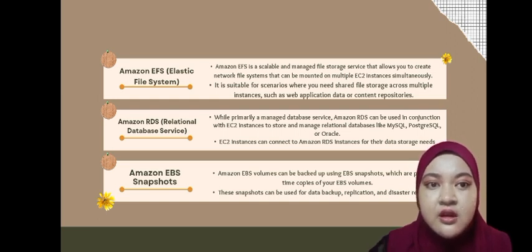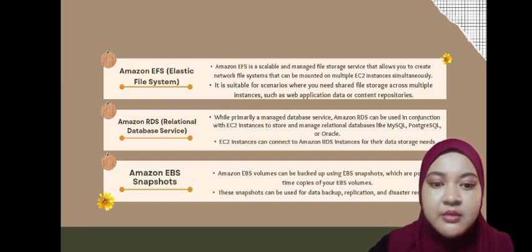Okay, next, number 5 is Amazon RDS, or Relational Database Service. While primarily a managed database service, Amazon RDS can be used in conjunction with EC2 instances to store and manage relational databases like MySQL, PostgreSQL, and Oracle.